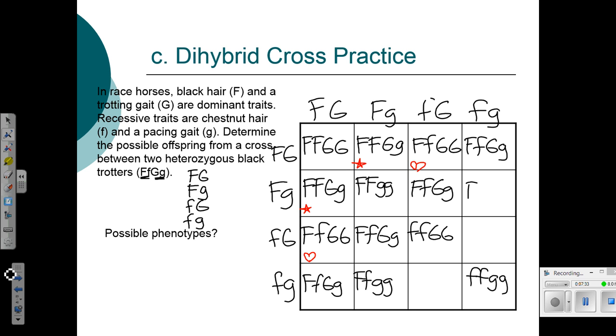This one is the same as this one over here. I'll do a blue star. And the last one, this one is the same as that one.